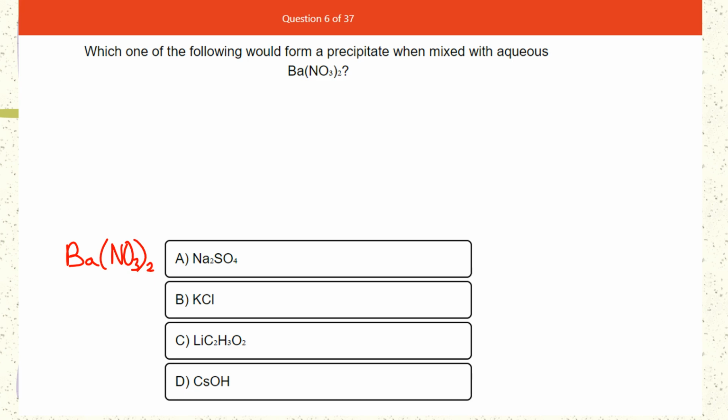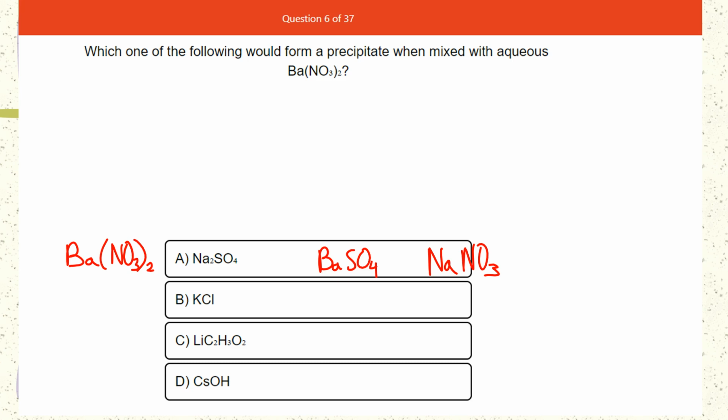So for this one, I'm going to end up with barium sulfate. And I don't really care about my crisscrosses on this because I'm not worried about that. I just need to look at what's in it. And I have sodium nitrate, NaNO3. All right. What do I know about this one as far as solubility?